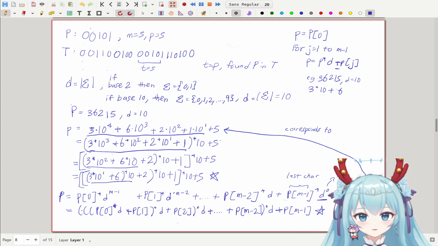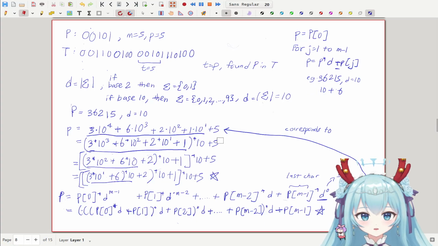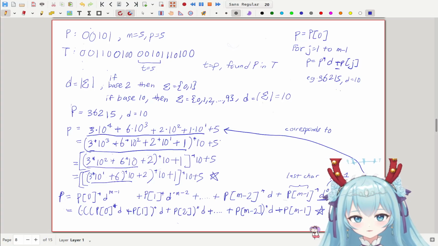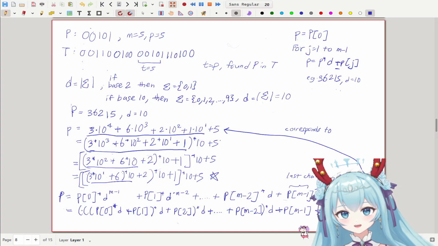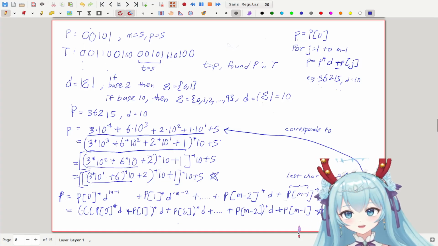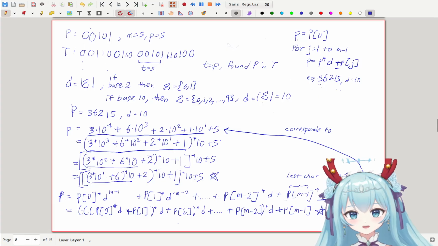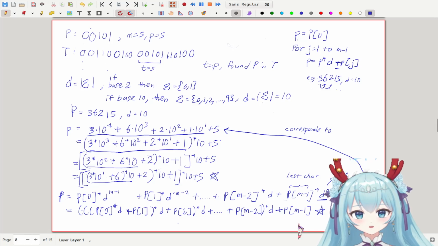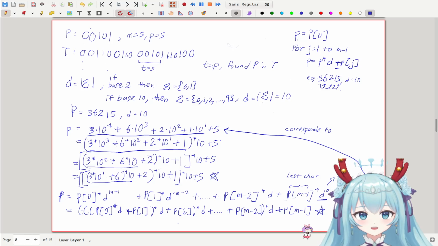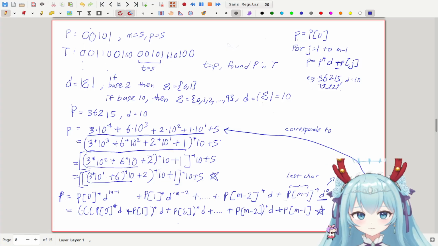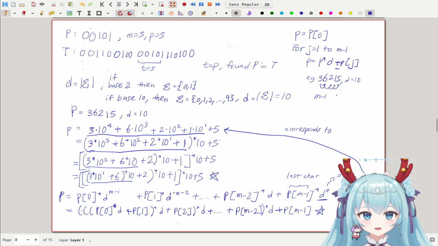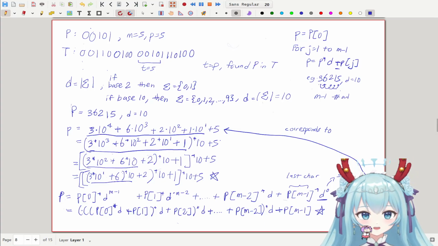And then we do so all the way for the rest, 3, 6, 2, 1, 5. How you can think about it is, there are 5 characters over here, so we're going to take this value plus this value plus this value plus this value and plus this value. So there are a total of m minus 1 number of additions.